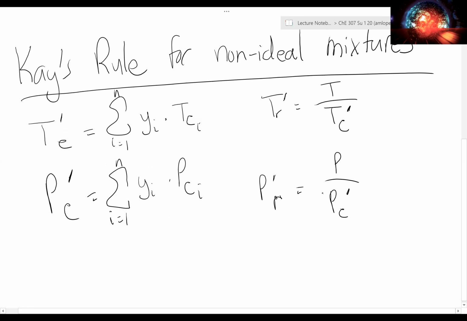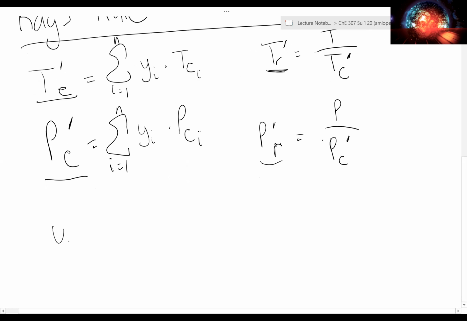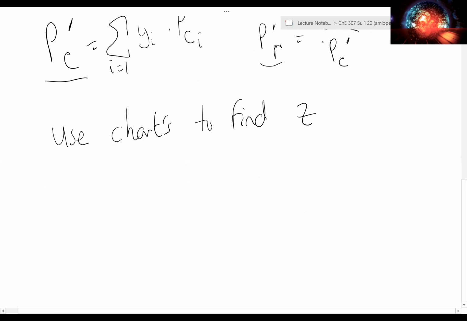And so basically, if you're using the compressibility equation of state with non-ideal mixtures, you calculate these values, Tc prime, Pc prime, then you calculate the Tr prime, Pr prime, then you use the charts to find Z. And then with Z, you can calculate the mixture's molar volume.